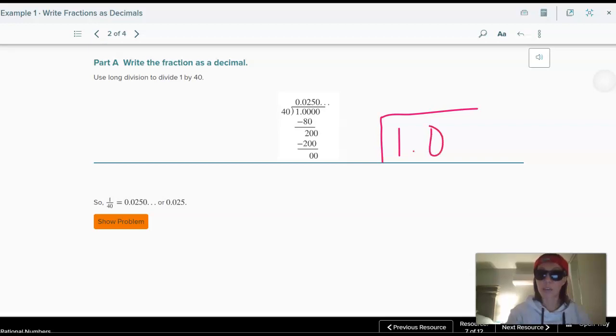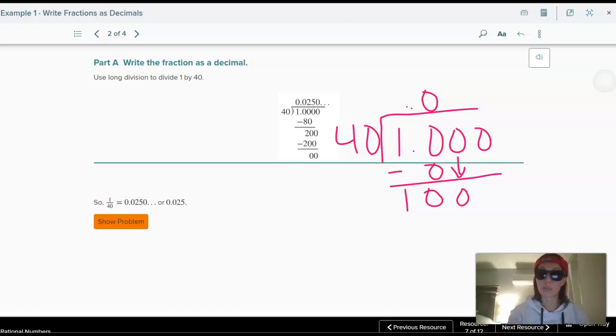If I have 1.00 and a 40 here, then the decimal we bring right up over where it is here. 40 goes into 10 0 times, so we multiply that. Then the next step is subtract. 40 doesn't go into 10, so now we bring down this 0. 40 goes into 100 twice, so we subtract again.